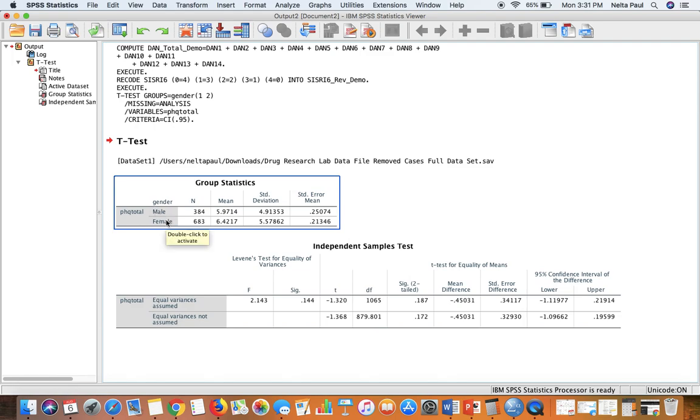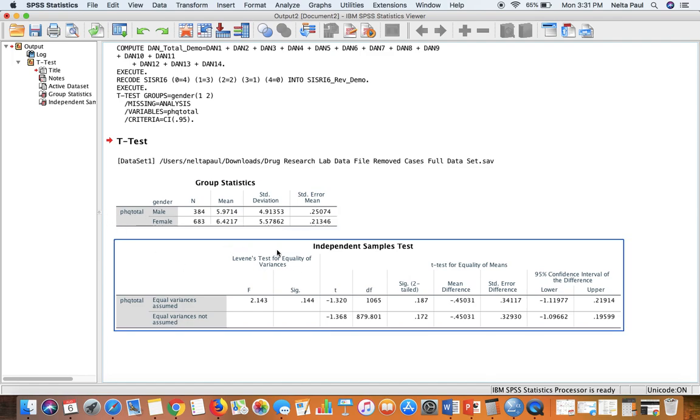We have that. Another assumption is that we have a normal distribution, right? So that we have a normative sample. So we want to test for equality of variances or homogeneity of variances. And then the third thing is equality of means. So we'll go through that.